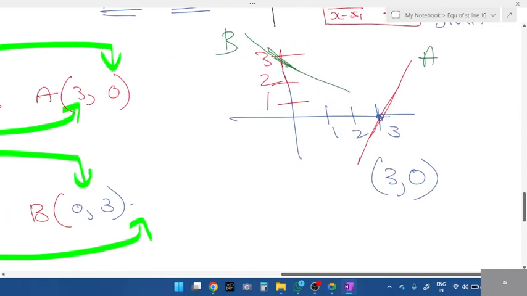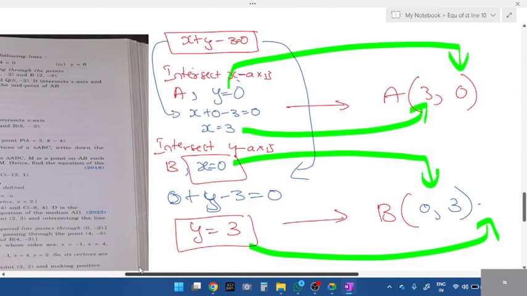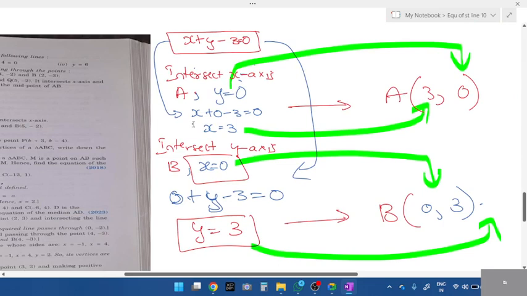Yes. Now tell me for the blue one. What's the answer? If a line crosses the Y axis? 0 comma 3. Yeah. This line is never entering the X axis. Therefore X is 0. This is the calculation part. I'll tell you, you can even write the direct value.